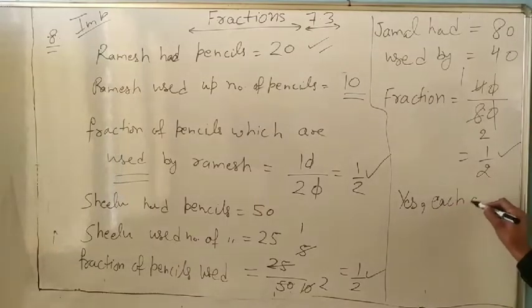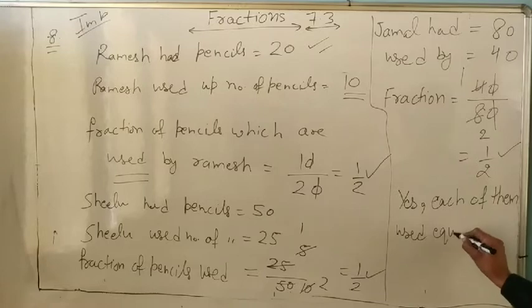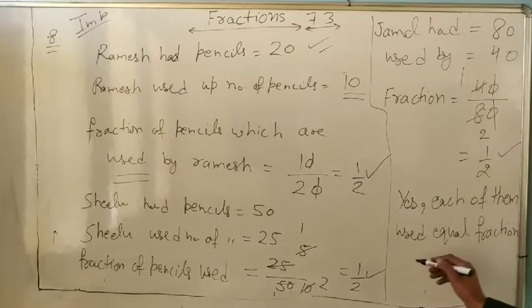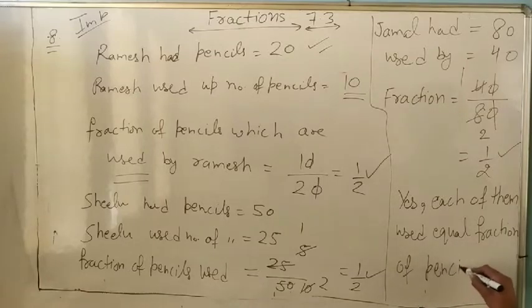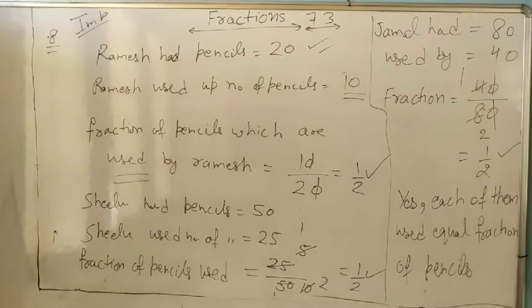Each of them used an equal fraction. Used by Jamal 1 by 2, by Shilu 1 by 2, Ramesh 1 by 2. So yes, each of them used an equal fraction of pencils. Very easy questions. Okay, so note down it.